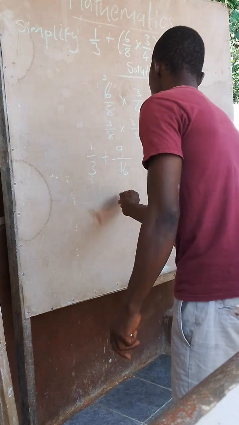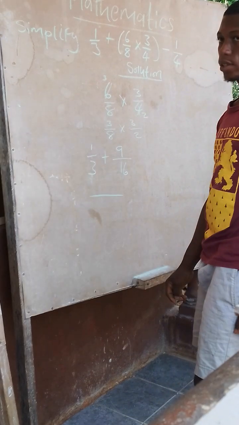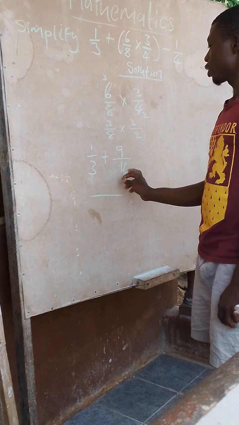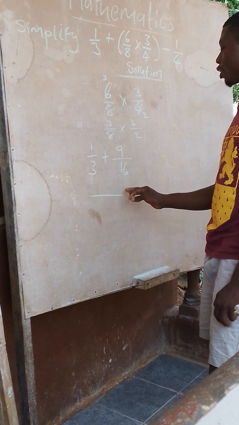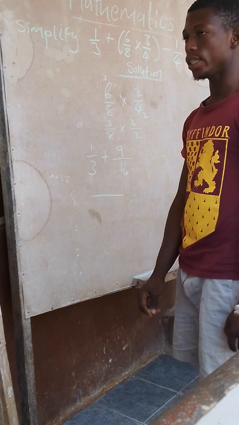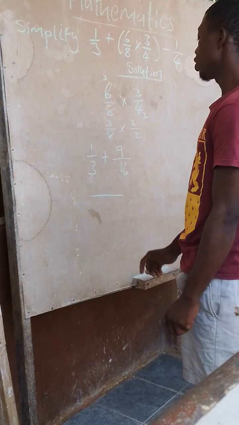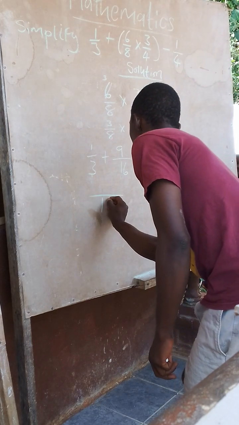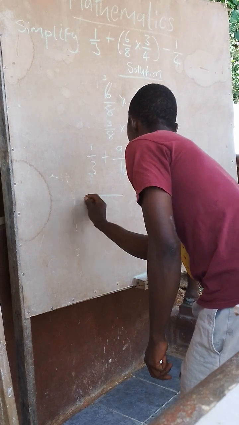Now what will we do? Find the LCM. Yes, we find the LCM for these fractions. So the LCM is 3 times 16, because 3 cannot go into 16. 3 can go into 16, but there is a remainder of 1. So we multiply 3 times 16, which gives us 48.